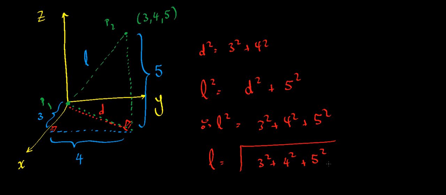So it's the same idea, and actually it's the same formula, except in 3D we have to account for the third variable, the z. So it's the difference in the x coordinates squared plus the difference in the y coordinates squared plus the difference in the z coordinates squared. So the general formula, let me write it down for you.